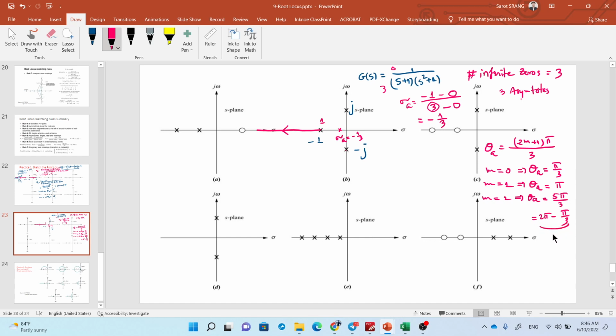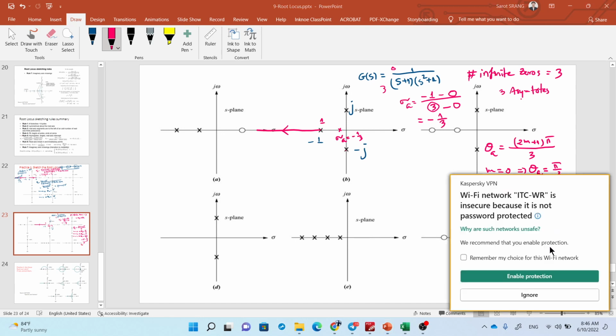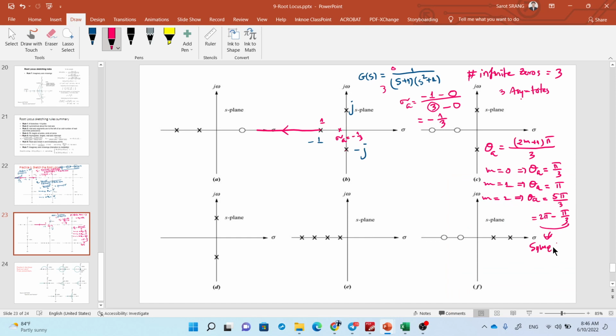I mean, this one is symmetric with pi over 3, right? Yeah.